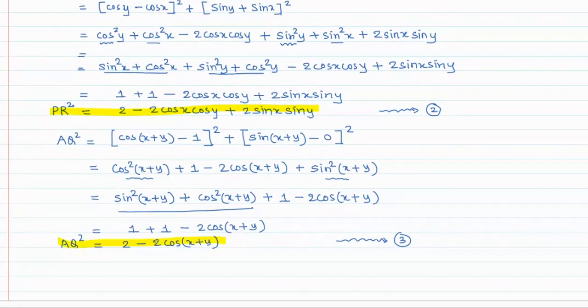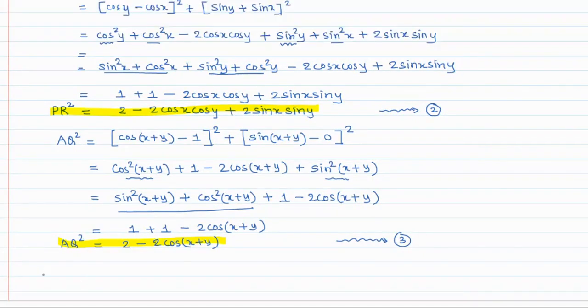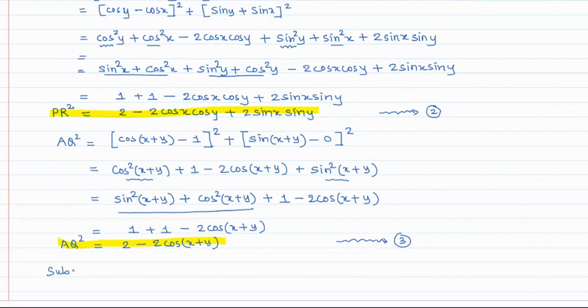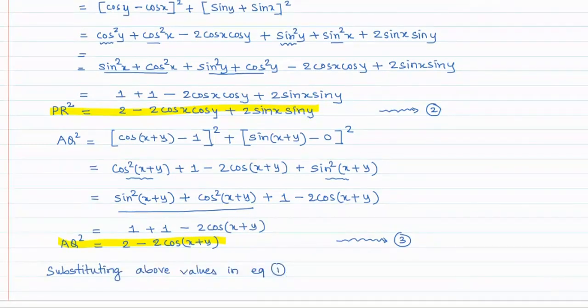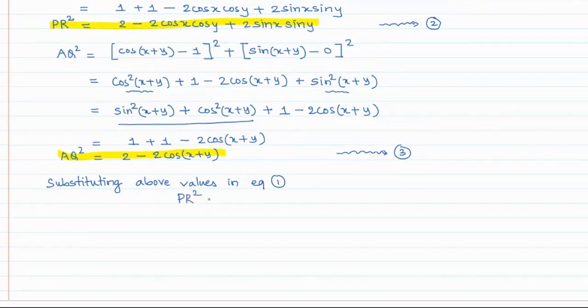Substitute these two values in equation 1. So from 1, 2 and 3 you can say, substituting the above values in equation 1. So equation 1 is PR square is equal to AQ square.